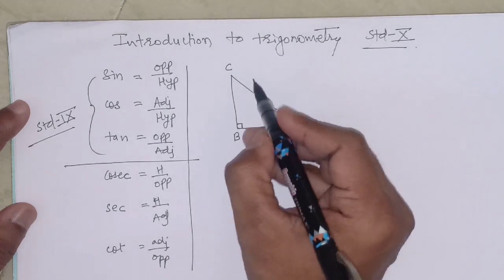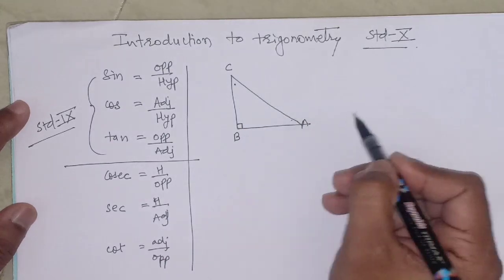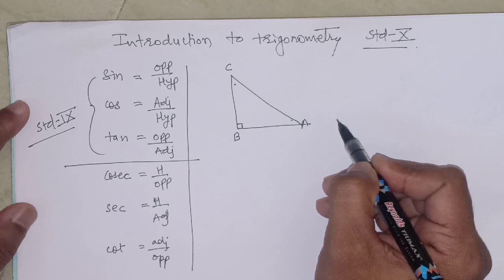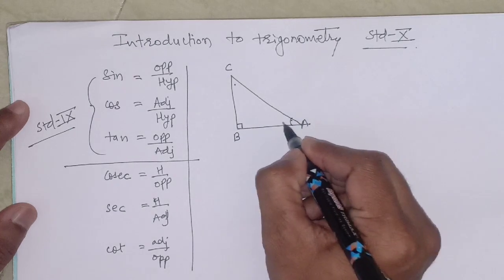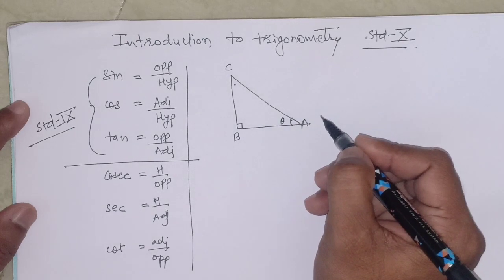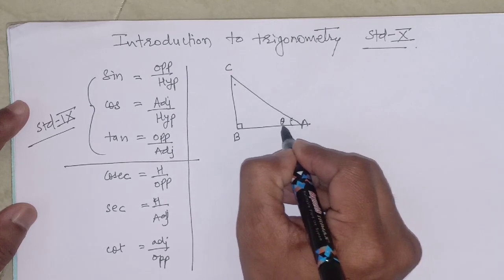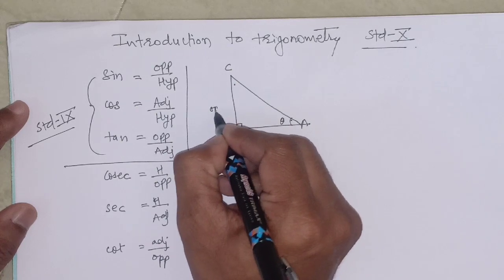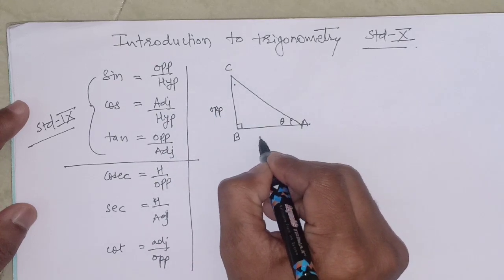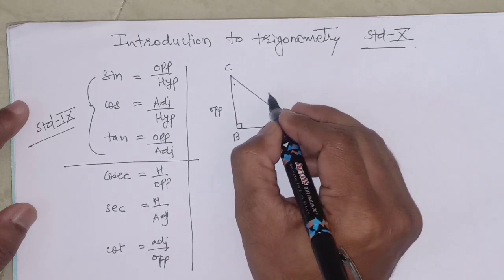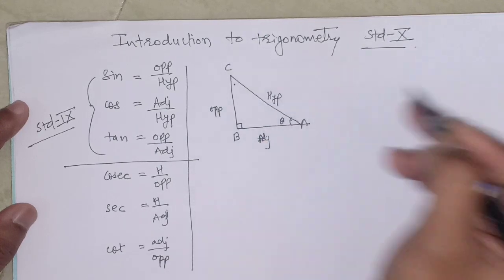As you can see, angle C and angle A are the two acute angles. So consider any one of the two. I consider angle A. Let angle A be theta. Now, as this is theta, its opposite side is this, its adjacent side is this, and this is the overall hypotenuse.